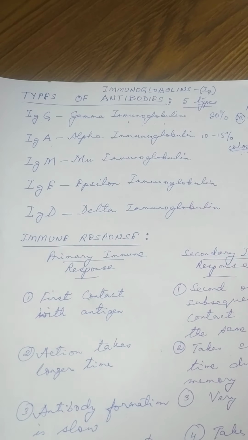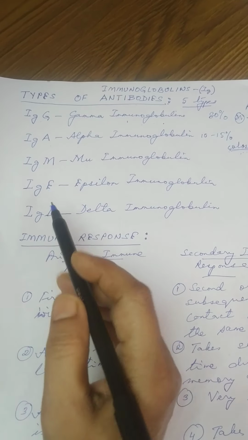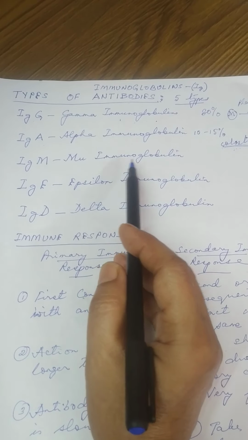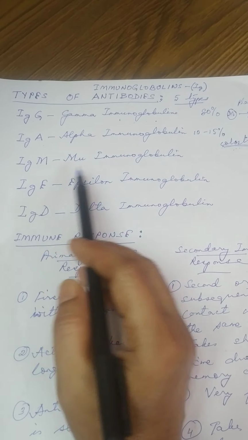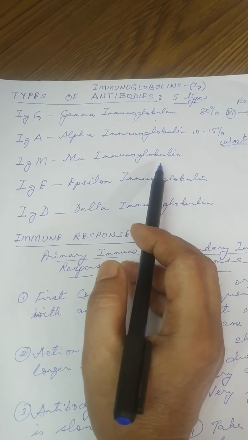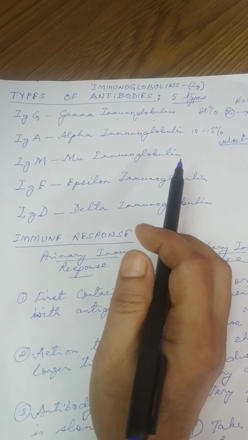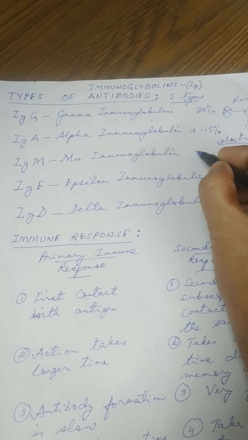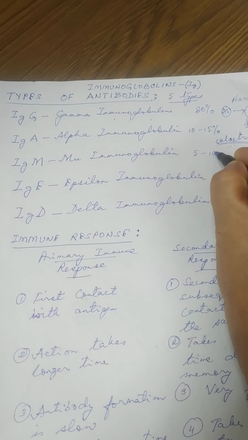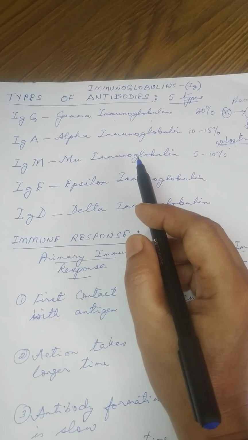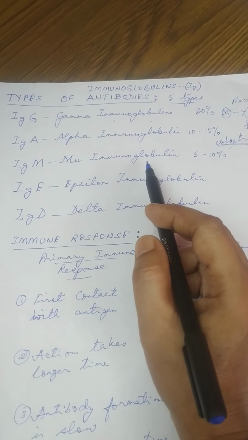Okay. Now the next comes immunoglobulin M, and this immunoglobulin is called mu immunoglobulin. This mu immunoglobulin constitutes about 5 to 10% of the total antibodies present in our body.